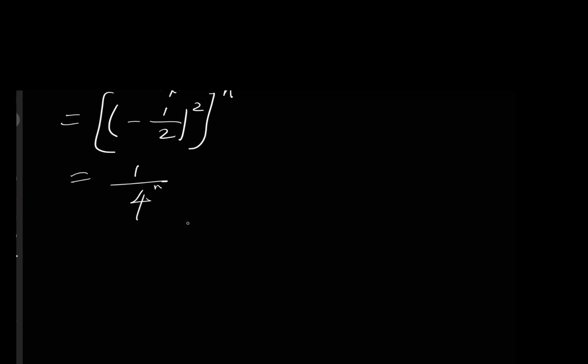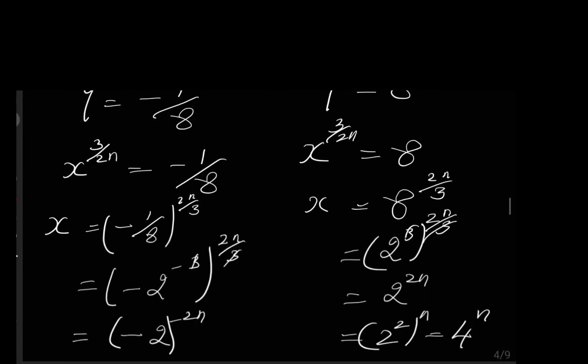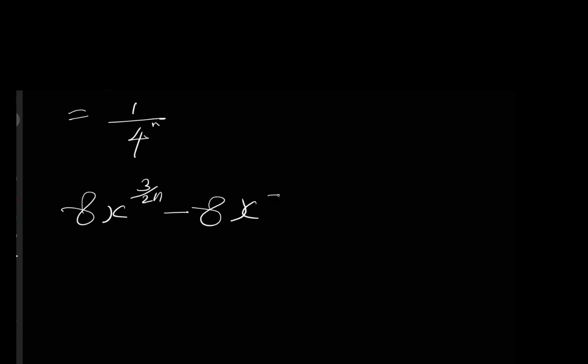So let me substitute in the equation to see whether it satisfies the values here. If I substitute x as 4 power n, just write the equation again. 8 x power 3 by 2n minus 8 x power minus 3 by 2n. I have to get the answer as 63.